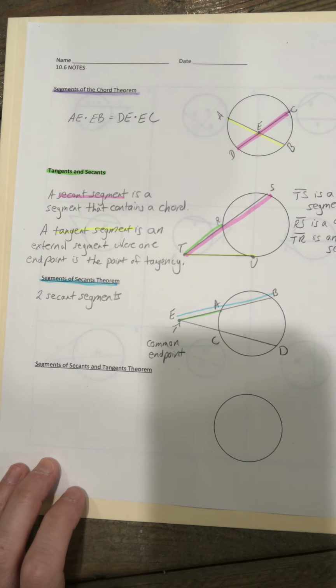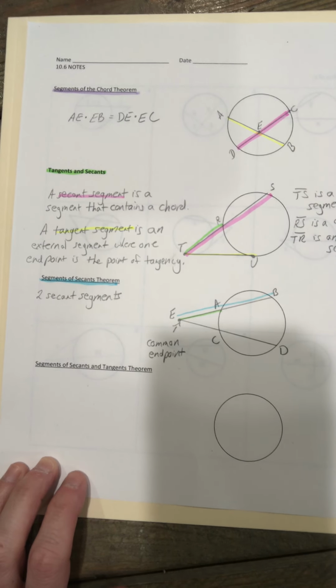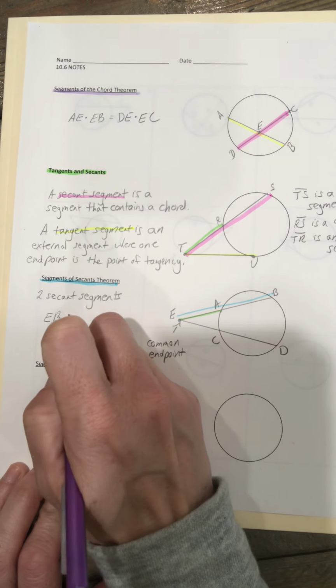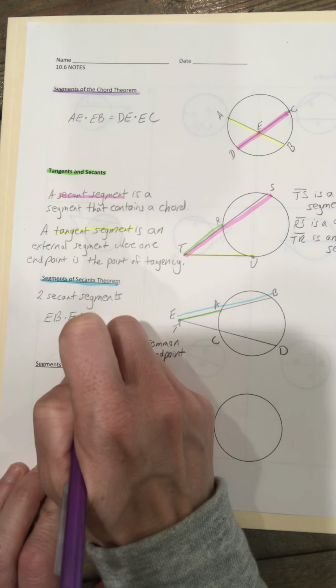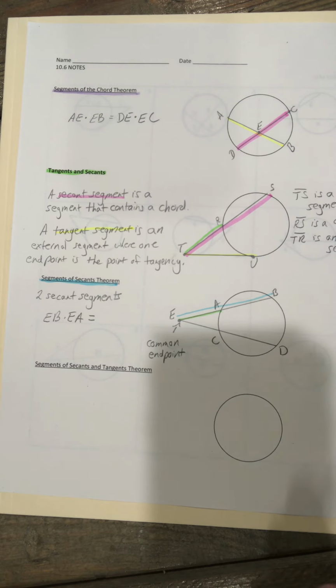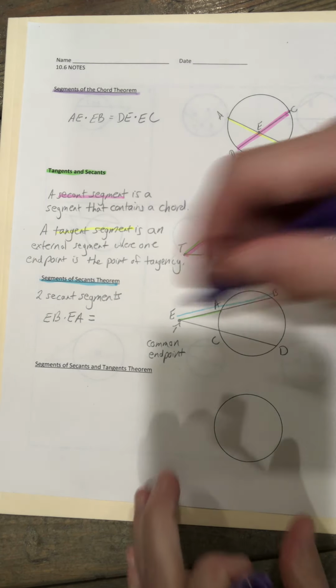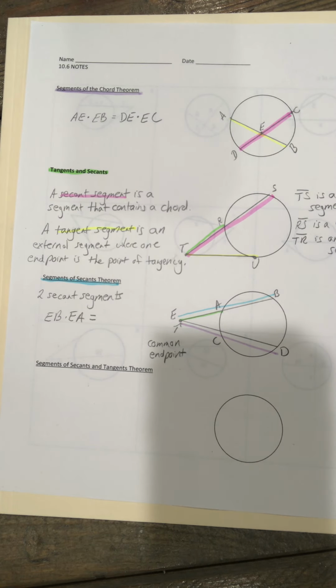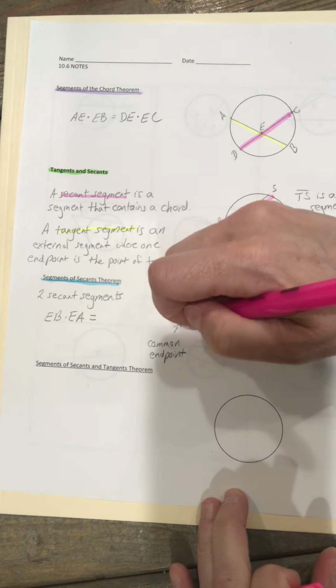So it's saying that the product of the lengths of one secant segment and its external segment, so we're going to say EB times EA, will equal the product of the length of the other secant segment and its external segment. So if I look at my other secant segment, I'm saying ED, and its external segment would be EC.